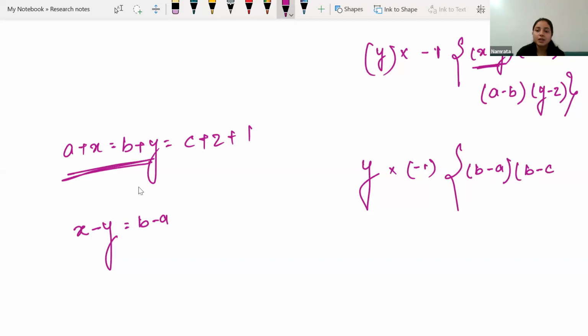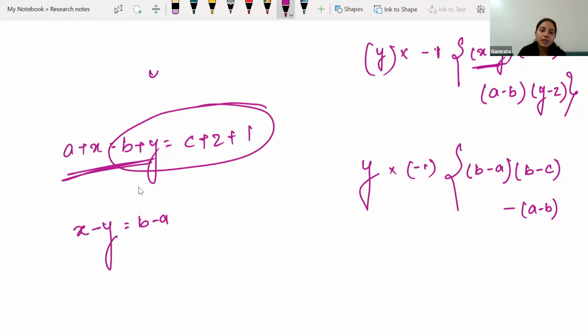Here we'll be having b minus c. Minus a minus b is there. Y minus z is there. If we take these two together, y minus z is equal to c plus 1 minus b. So we will be having c plus 1 minus b.